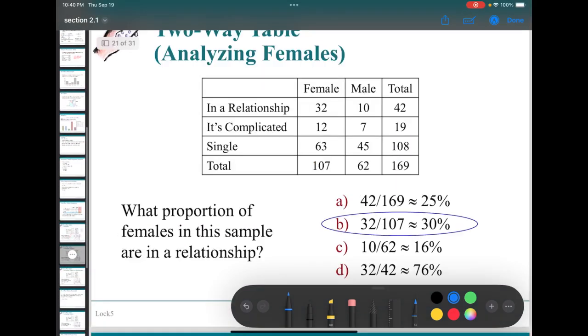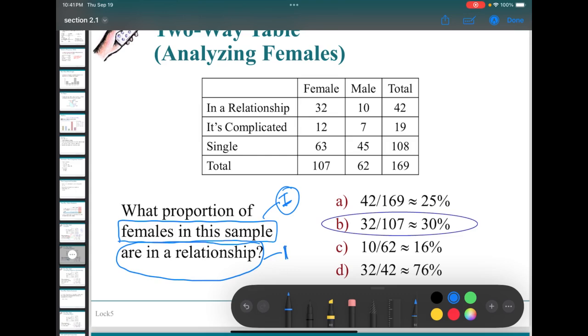Let's look at the other question. What proportion of females in the sample are in a relationship? So two parts. Females in this sample, that's the first part. And the second part in the same question is in a relationship. So you have to find the corresponding frequencies for these pieces. The first part value always goes to the denominator, and the part 2 value goes to the numerator.